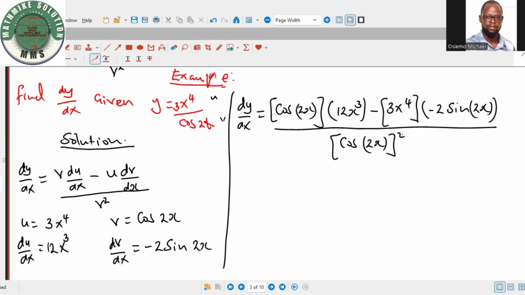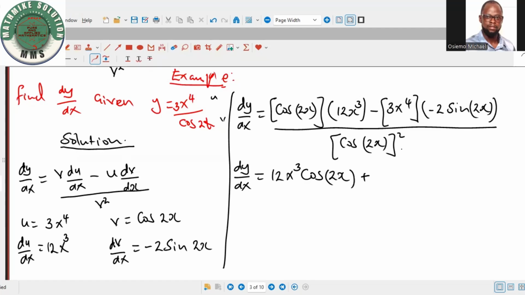But then let us simplify. dy dx is equal to 12x cubed cos 2x. Then this negative sign and this negative is going to be positive.